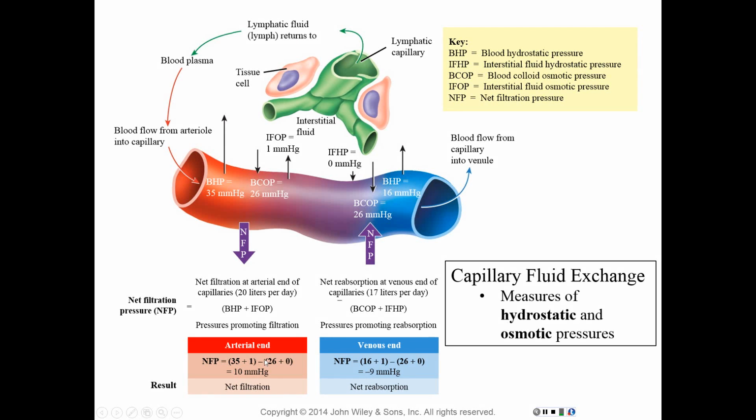And so you can see down here there's two sets of numbers. So what you do is ask what factors promote the movement of fluid out, or filtration out, and what factors promote the reabsorption, or the holding in or pulling in of the fluid. So you've got a blood hydrostatic pressure, an arrow out, and then you've got an interstitial fluid osmotic pressure, which is a pull out.